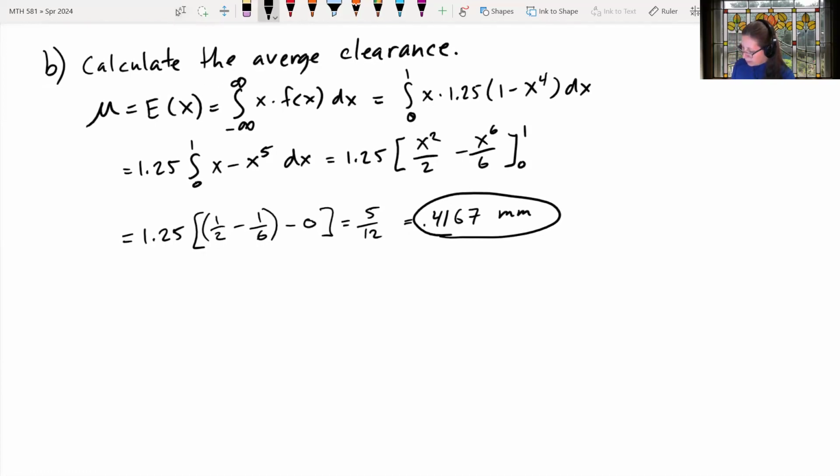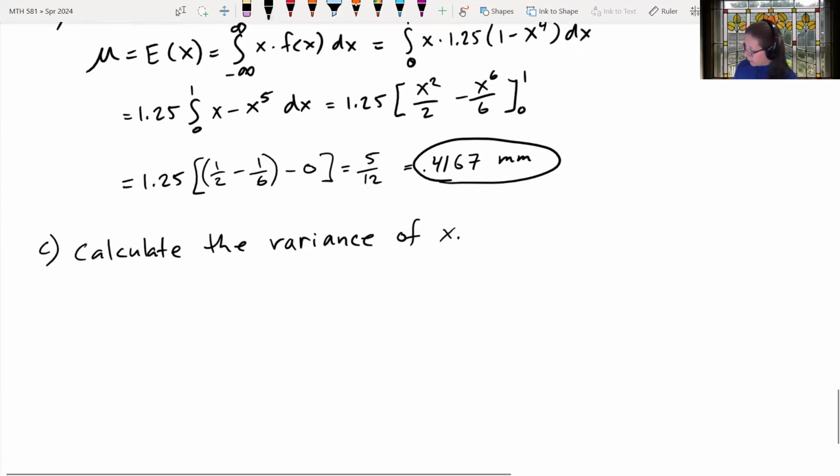All right, and then part C, calculate the variance of our random variable clearance value.